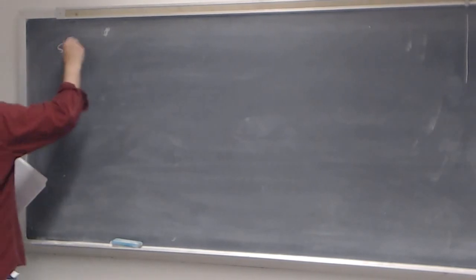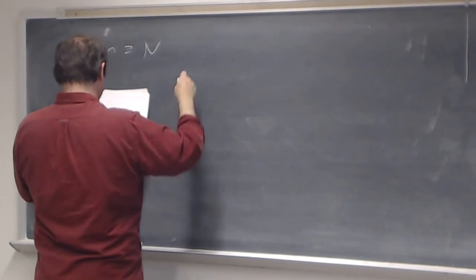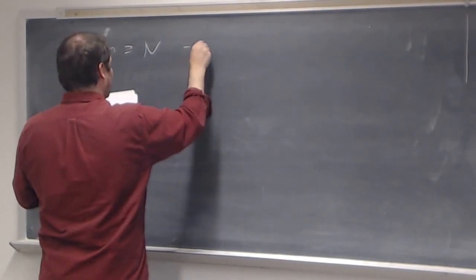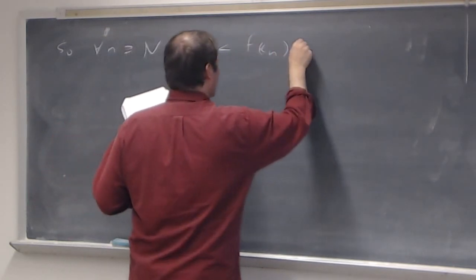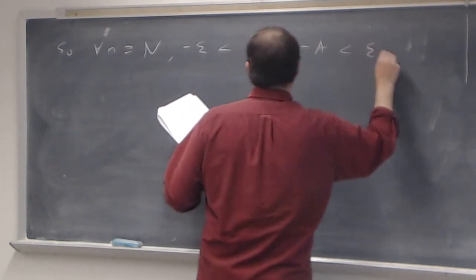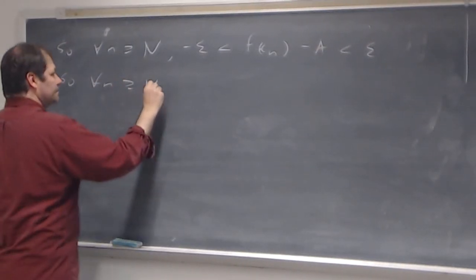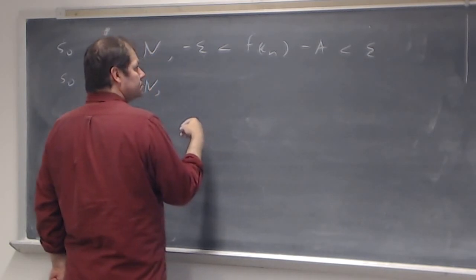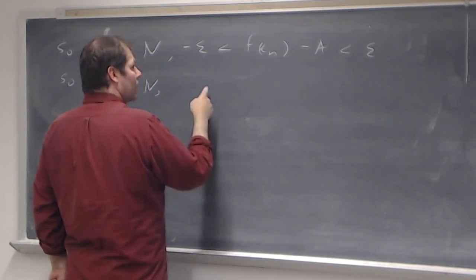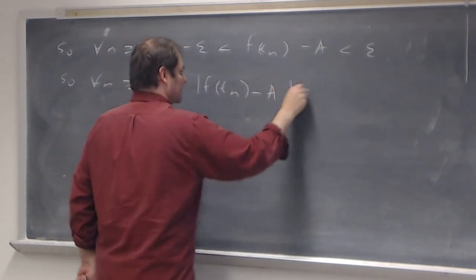Here's what we have. This is the statement for all n bigger than or equal to this big N. We have minus epsilon is less than f of t sub n minus a, which is less than epsilon. So this says for all n bigger than or equal to big N, the absolute value of f of t sub n minus a is less than epsilon.